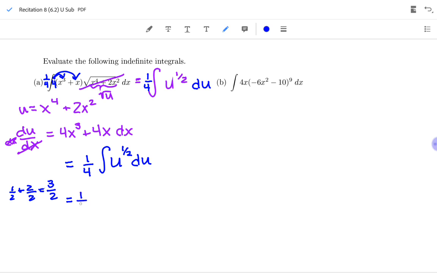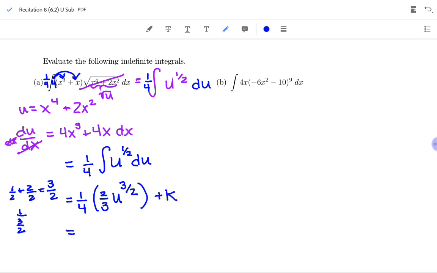So I'm going to keep my constant multiple 1/4 outside. And now I'm ready to integrate. I would have 1 over 3/2 u to the 3/2, but we know we can't have a complex fraction. So 1 over 3/2, what I would write out front, would end up flipping to be 2/3. Add 1, divide by that power, put it up as your exponent. And then I just need a plus k.